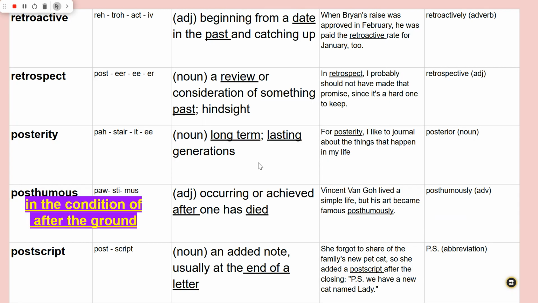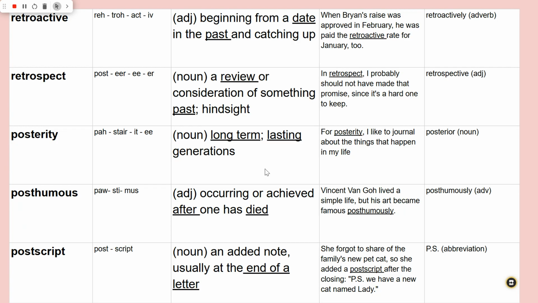Posthumously is connected to a burial that happens after a death. So kind of an interesting origin there. In a sentence, Vincent van Gogh, famous artist, lived a simple life, but his art became famous posthumously. So he became famous, and his art made a lot of money after he had died.